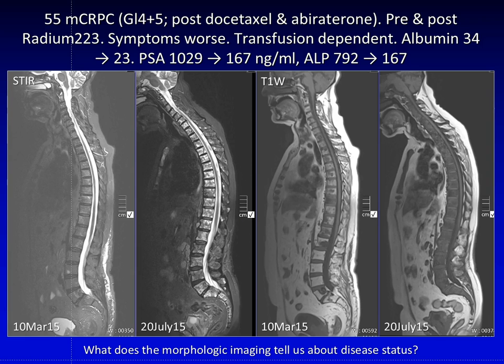Now, if you look at his examinations, you can see that in fact on the T1 sequence he looks worse. So here we go. Fat was present in the dorsal spine. You can see this diffuse increase in signal.